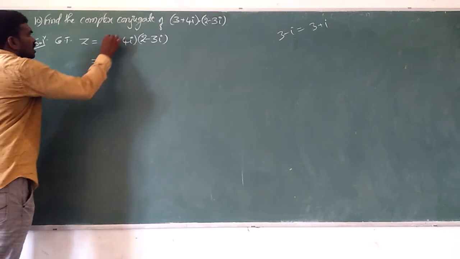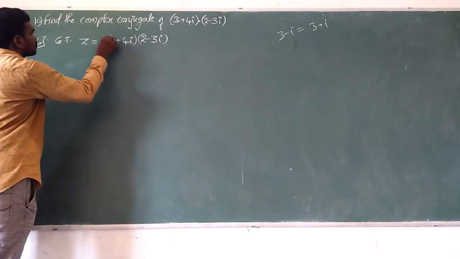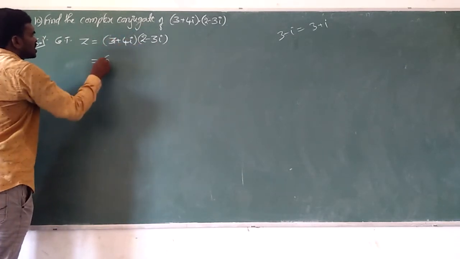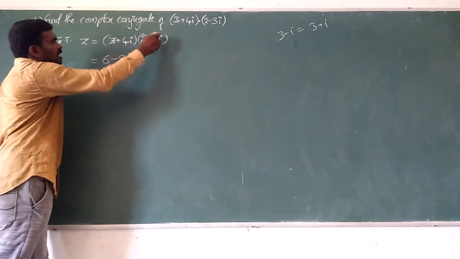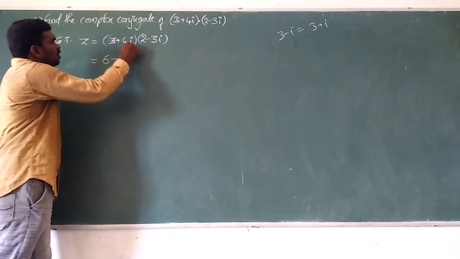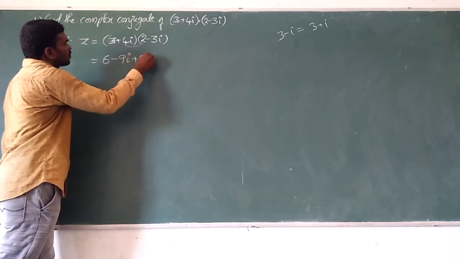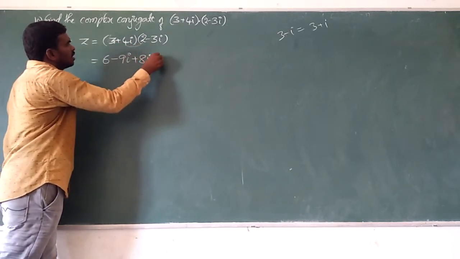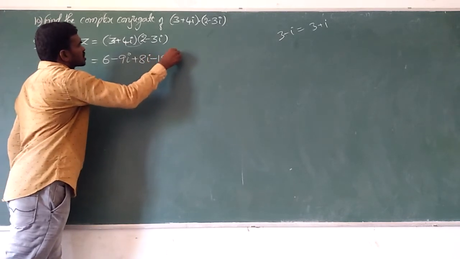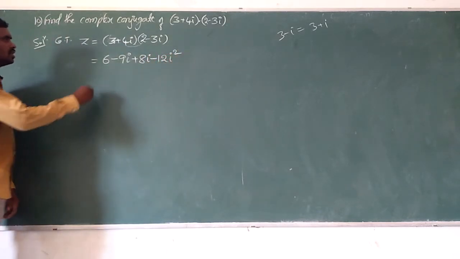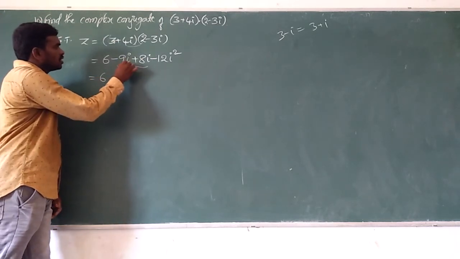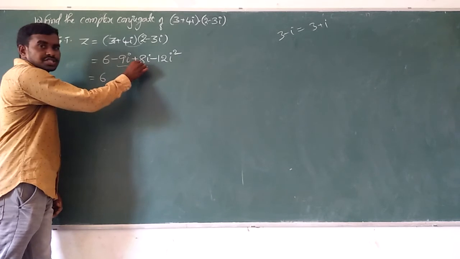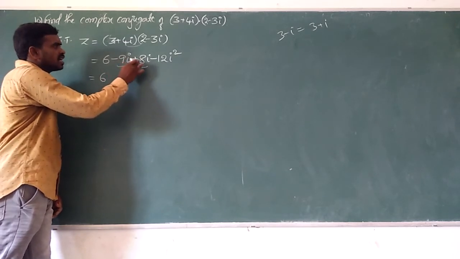First simplify this. 3 into 2, 6. 3 into minus 3i, minus 9i. Next 4i into 2, 8i. Next 4i into minus 3i, minus 12i square. Next 6. Here, some items are negatives, some are positives. So subtract 9 minus 8, 1.